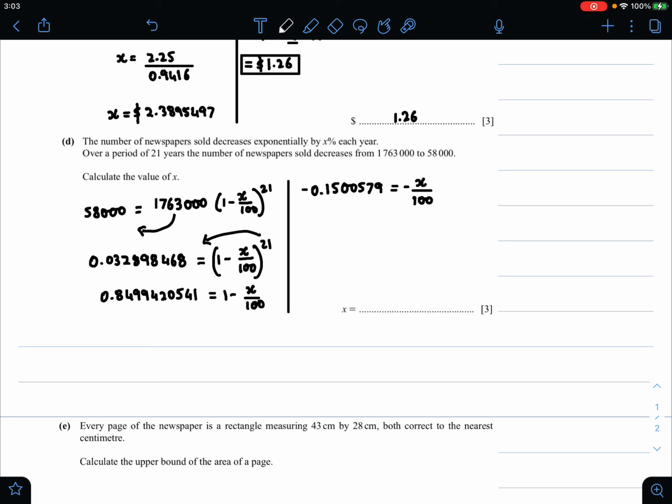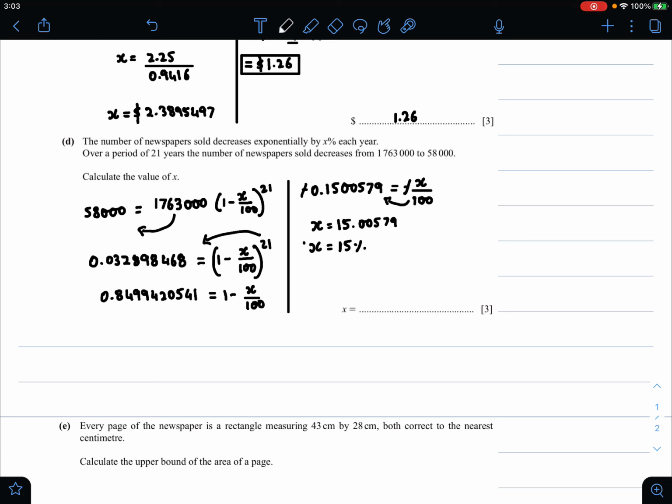Now we can cancel the negative and the negative, and we can take 100 to the other side of the equation. Yeah, 100 to the other side, so it will become multiplication, and therefore x will be equal to 15.00579. And since we need our answer in 3 significant figures, your final answer would be 15%.